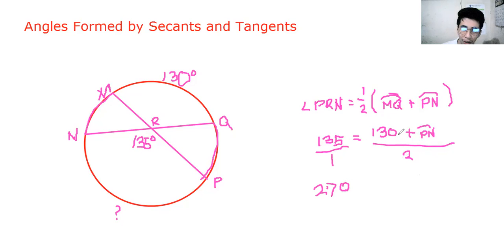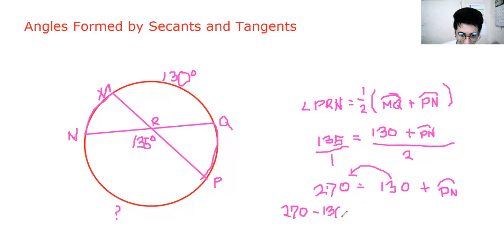Diba? So 130 times 1 naman to, yun pa din naman. 130 plus PN. Kaso may 130 pa rin siya, so move natin si 130 sa other side of the equation. 270 minus 130 is equals to PN.